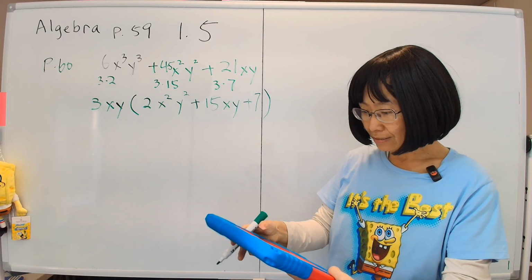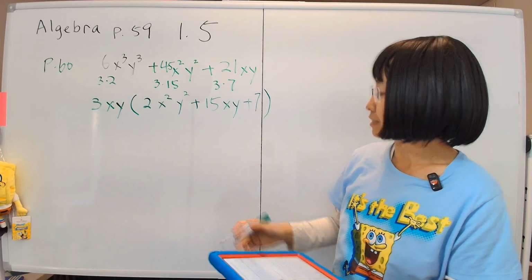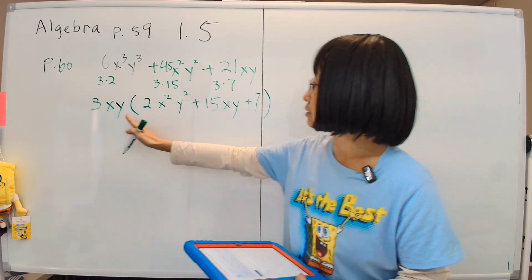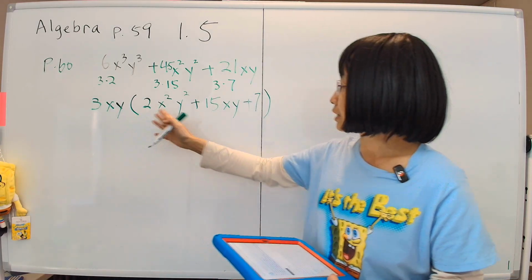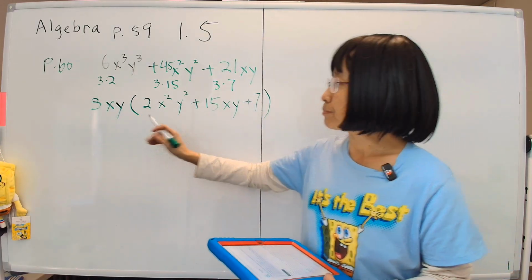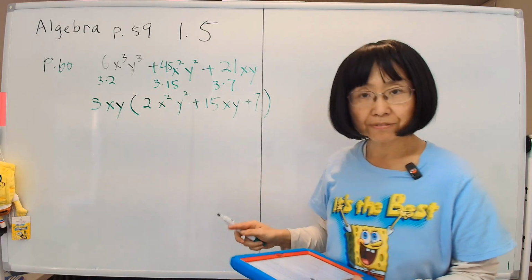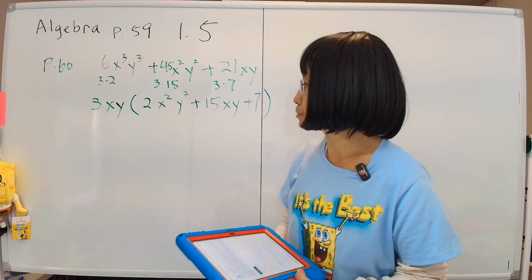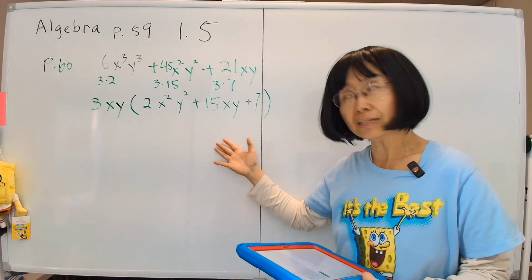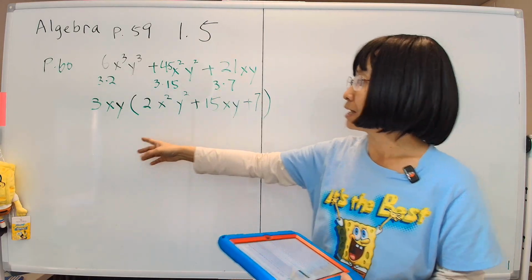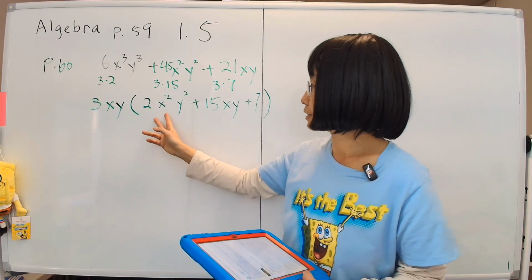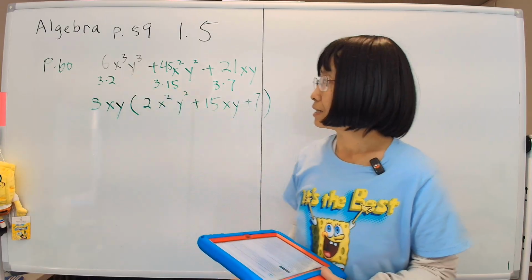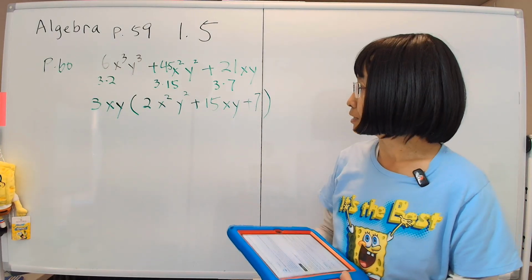So that is the right answer. To do the common factor, you have to know that the reason this makes sense is because when you multiply things back out, it will get back to this. For example, if you multiply this by this one, that will be the 6x cubed y cubed.